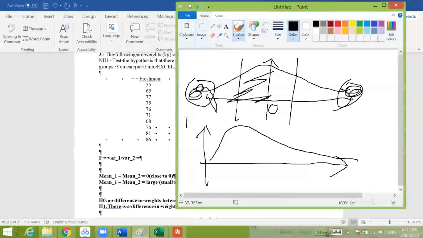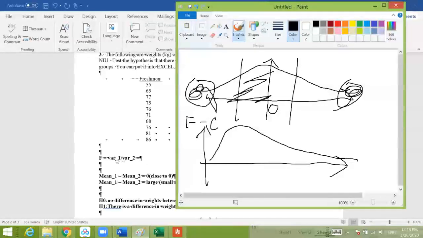This is the F curve. Since variance 1 and variance 2 are always positive values, the F-score will never be a negative value.